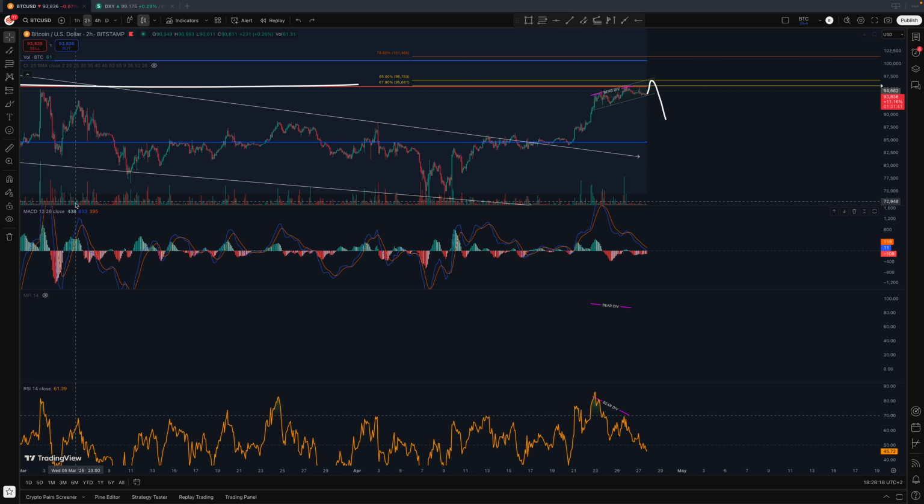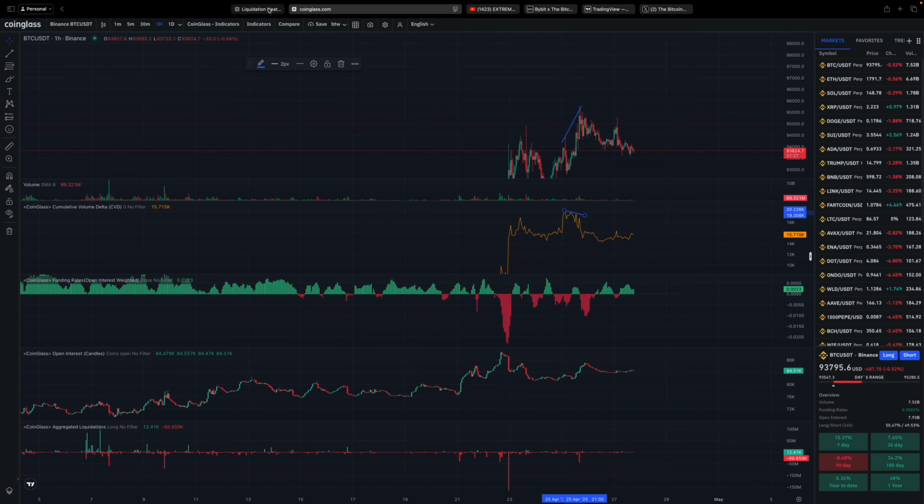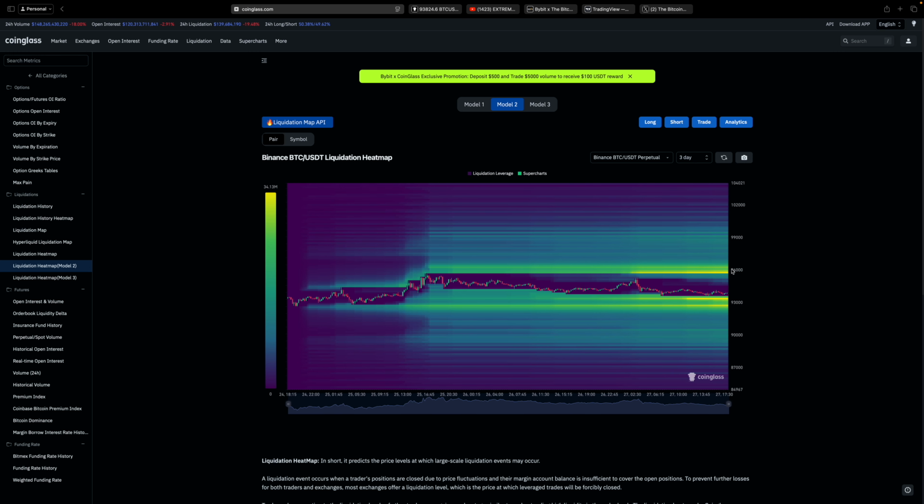But on the 1 hour we're bullish, and on the daily we are bearish. So I do believe that in the next couple of weeks or days we're going to see the Bitcoin price reverse towards the downside around the $85,000 level.